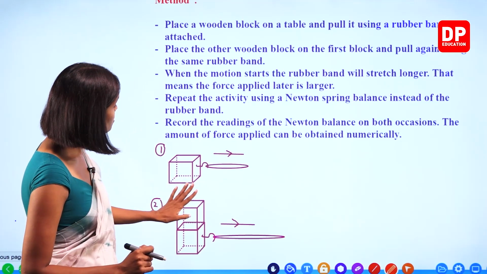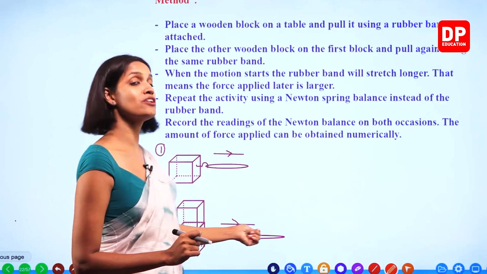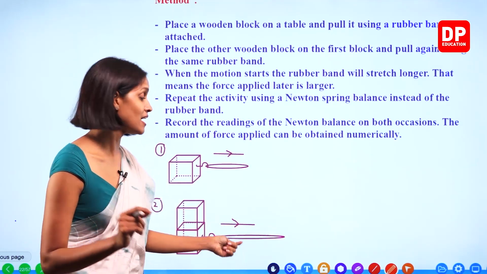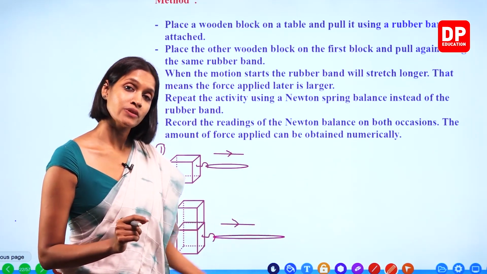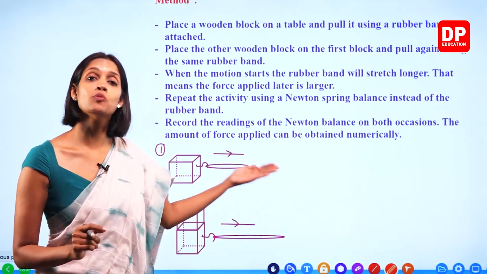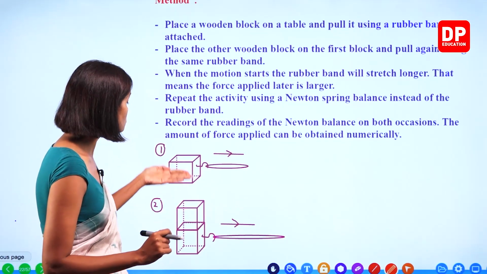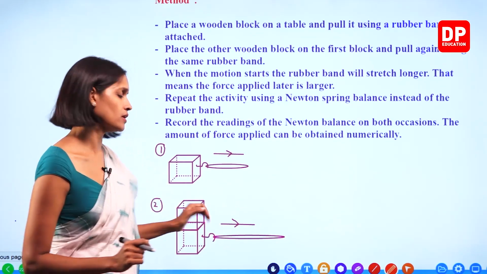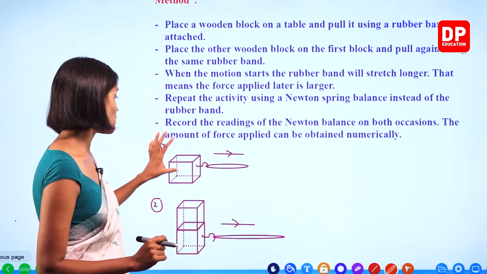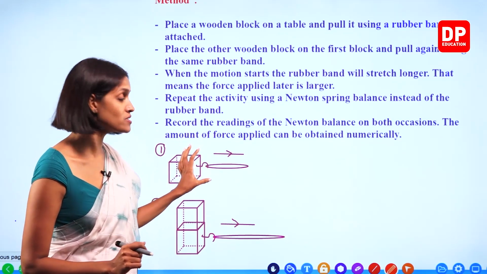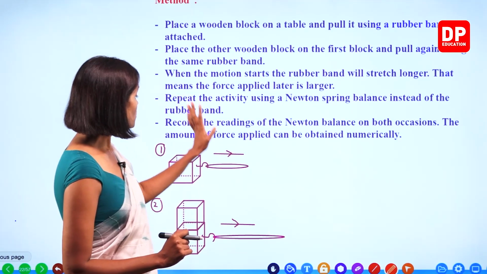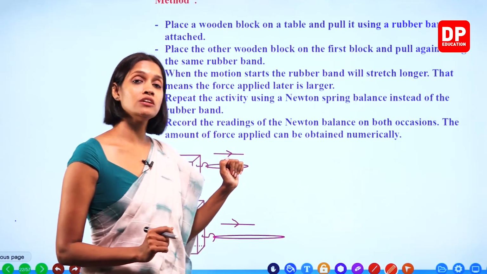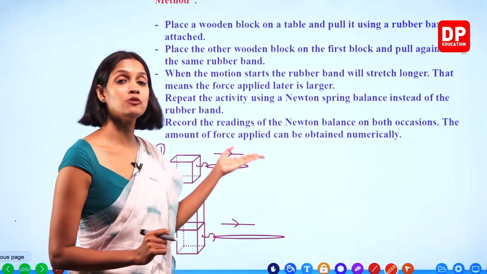We kept one wooden block over the other, and this time when we pull, you could clearly see that the rubber band stretches more, which means this happens because more force is applied to pull two blocks. Why does this happen? Because the mass of one box is less than the mass of two boxes, right? So here in the third instance, what we did was we did the same activity using a Newton spring balance.